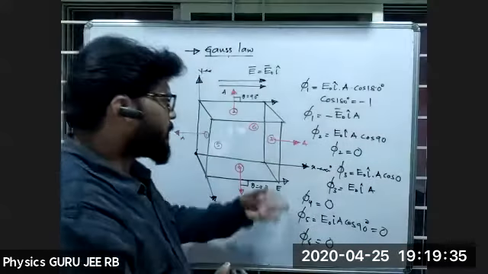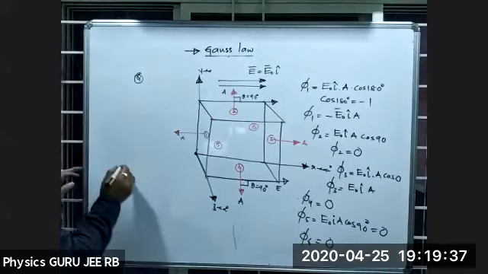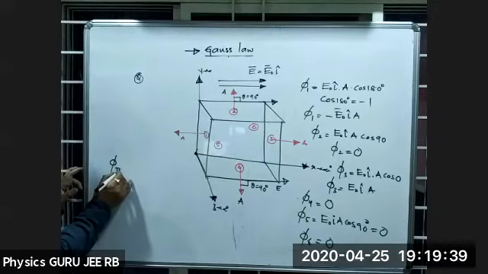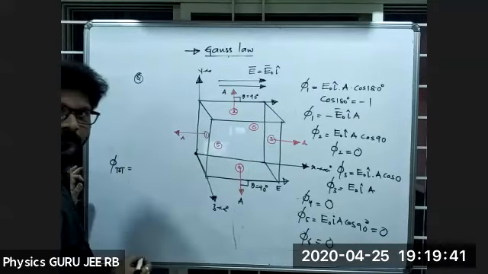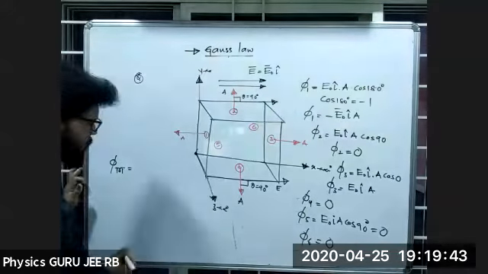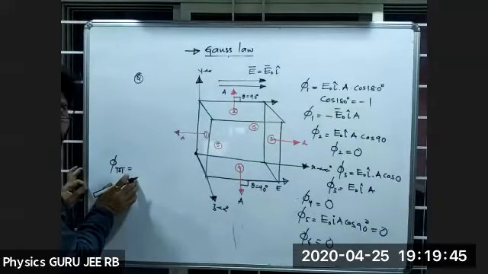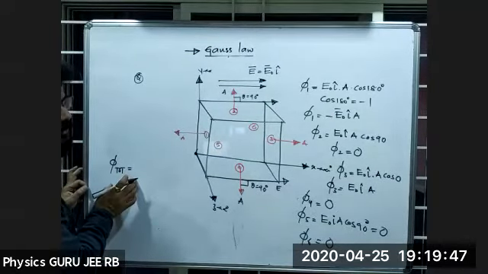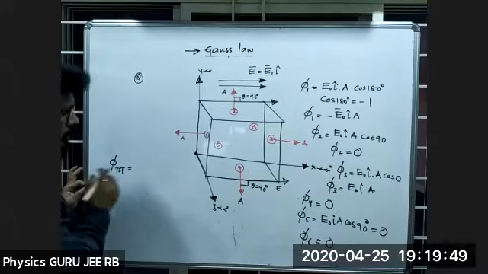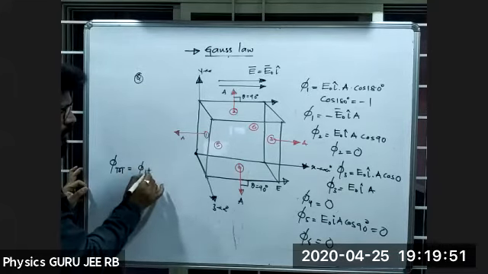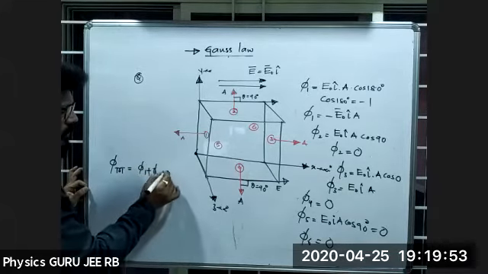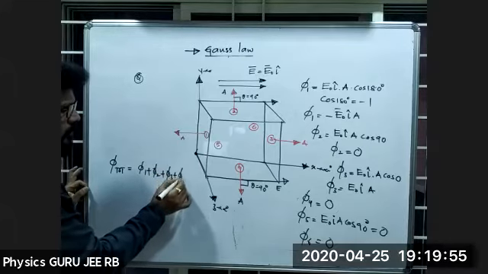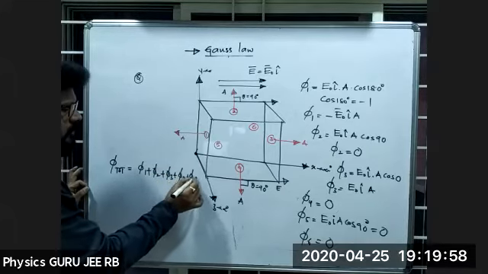Okay, now coming to the total flux. Total flux is equal to phi 1 plus phi 2 plus phi 3 plus phi 4 plus phi 5 plus phi 6.